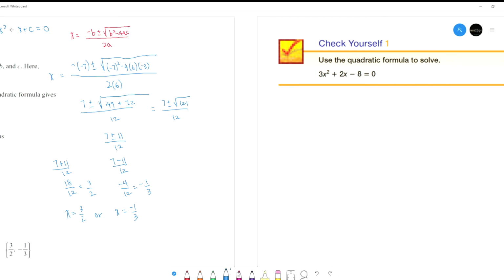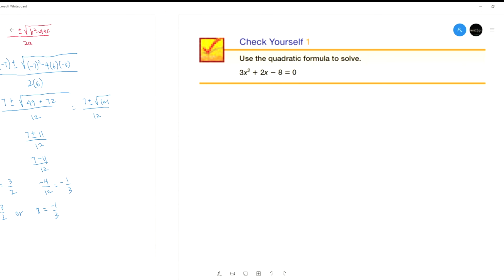Let's try the second problem. Let me move in a bit. So we have a is equal to 3, b is equal to positive 2, and c is equal to negative 8.